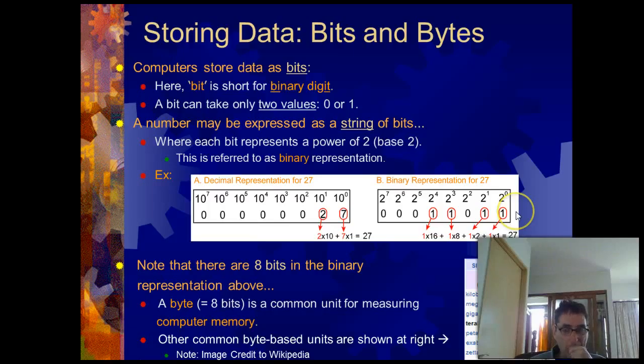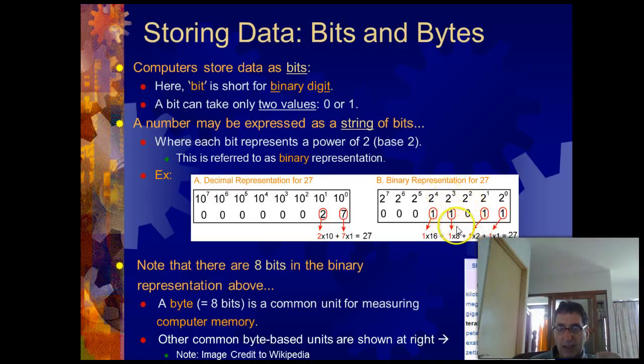So if we wrote this number, 11011, what that would mean is 1 times 2 to the 0, in other words, 1 times 1, 1 times 2 to the first, it's 1 times 2, 0 times 2 to the second, so we don't need that one. I don't need to include that here in the calculation, although if I was making these slides, I would have put 0 times 4 here.